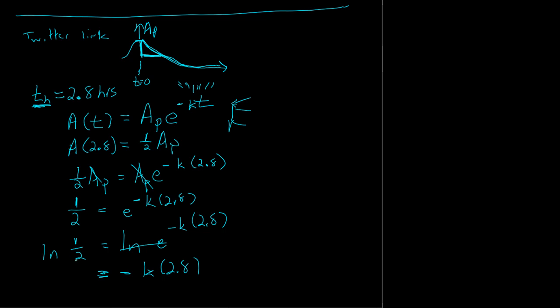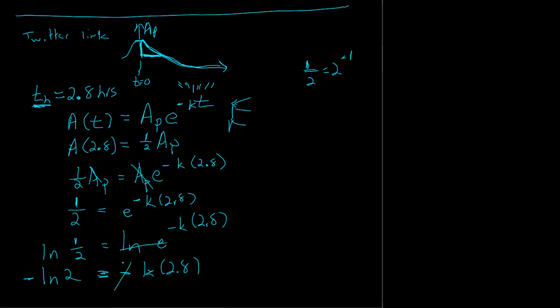Well, on this side, I'm going to think of 1/2 as 2 to the negative 1. So this is negative ln 2. All right, 2 to the negative 1. I can pull my power out front, and I have ln 2.